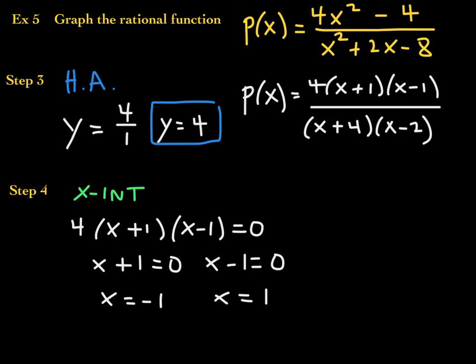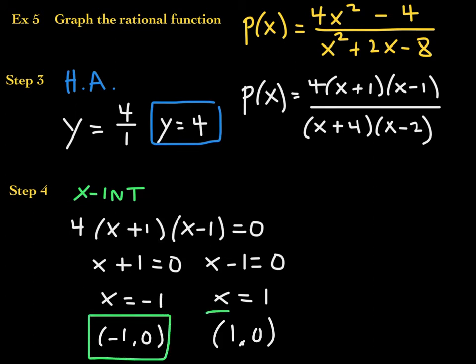We won't set that equal to 0, but we will set these other two equal to 0. And notice that you have two x-intercepts, (-1, 0) and (1, 0). All right, so then two x-intercepts.